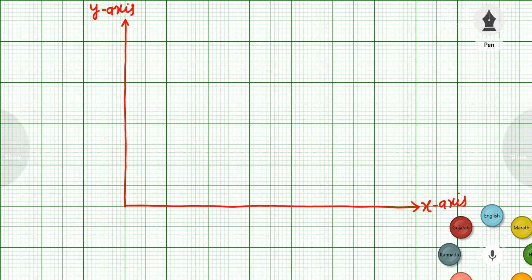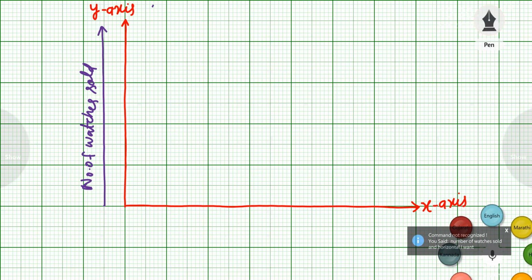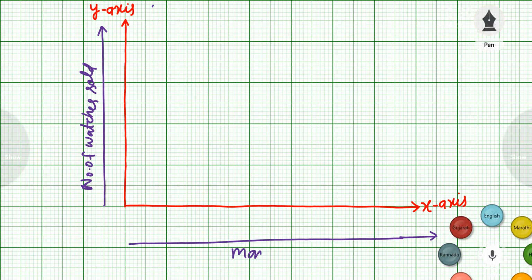This is the number of watches sold, and horizontally I want to represent either month or year. Months.